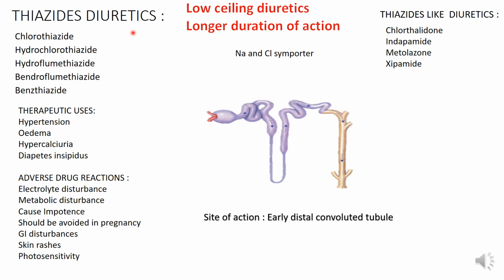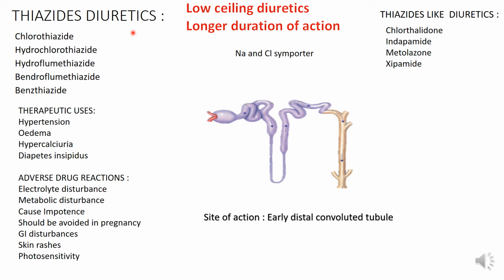So once again, the thiazides are used as a therapeutic in hypercalciuria because they reabsorb the calcium, whereas the loop diuretics are used in hypercalcemia because they excrete the calcium. Now we have some drugs and you have to remember them.